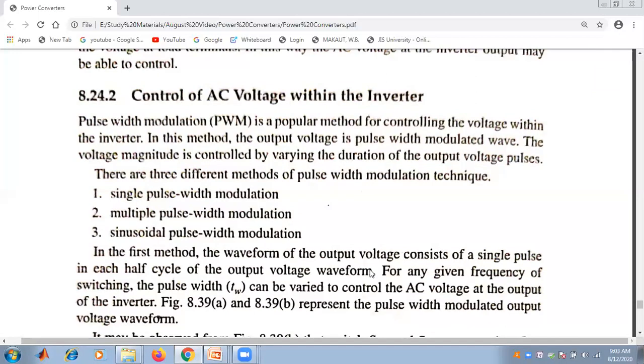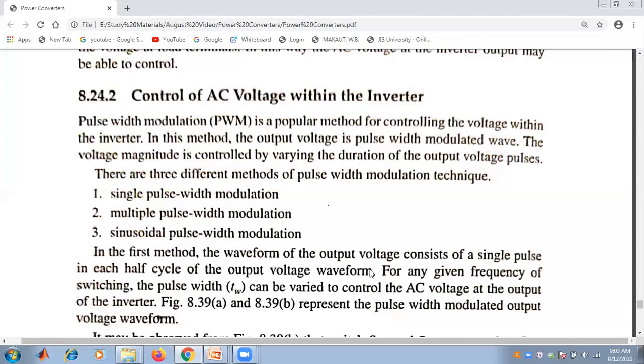In the pulse width modulation method, the output voltage is a pulse width modulated wave. The magnitude of the voltage is controlled by varying the duration of the output voltage pulses.